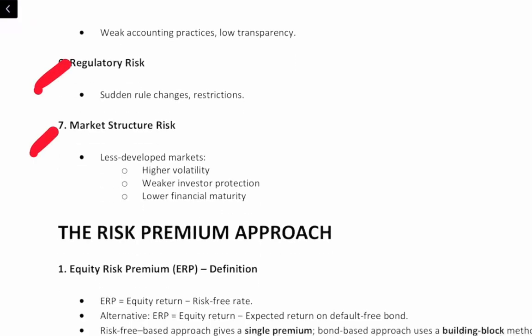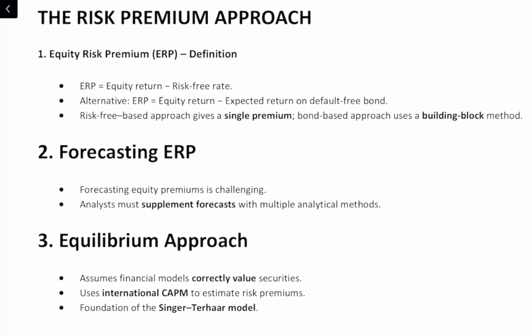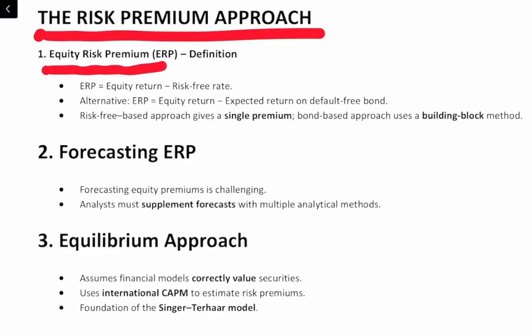So we have studied them in detail earlier in our level 1, level 2 discussions multiple times. So I'm not spending time there, focusing on the real aspect, that is the risk premium approach. Clear? So we are going to discuss the equity risk premium approach.